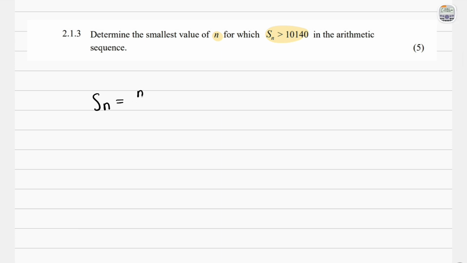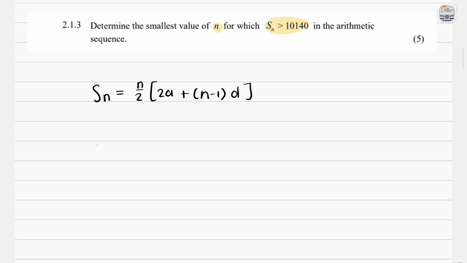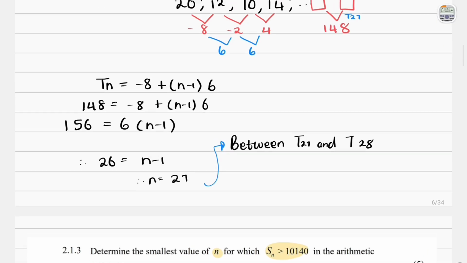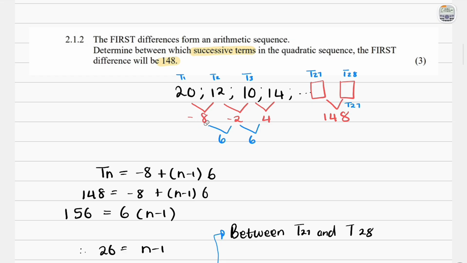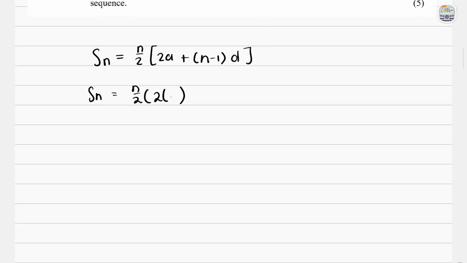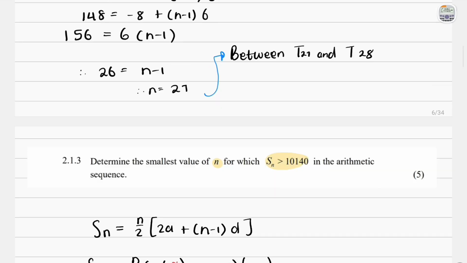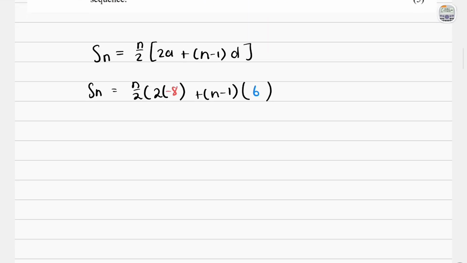So Sn equals n over 2 and then multiply by 2a plus n minus 1 times d. And we have the value of d, we have the value of a. So we can say Sn is equal to n over 2 multiplied by, and this is 2 multiplied by the a value, the first term in the arithmetic pattern is -8, and then plus n minus 1 multiplied by the constant difference, which was +6.